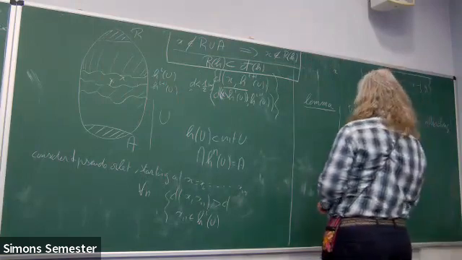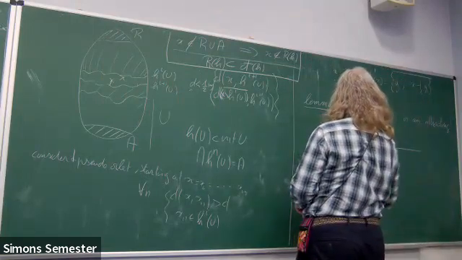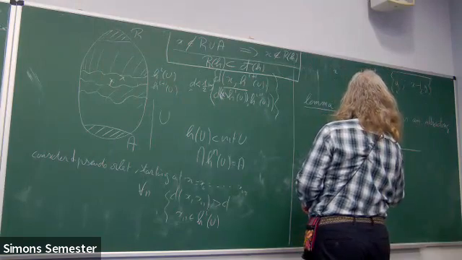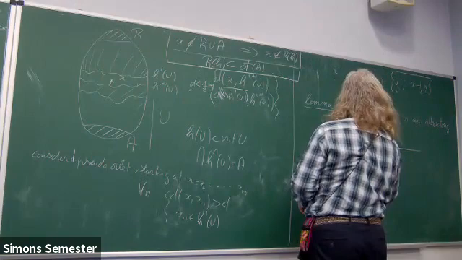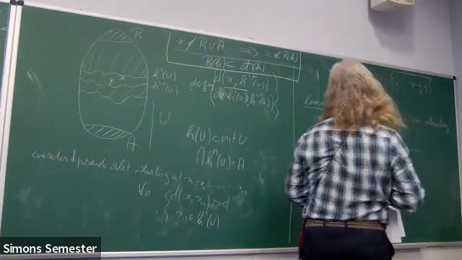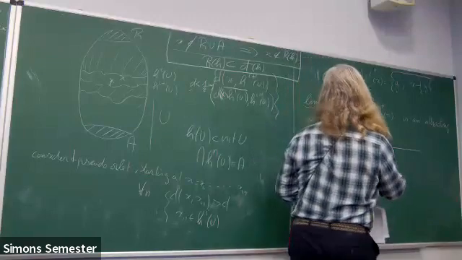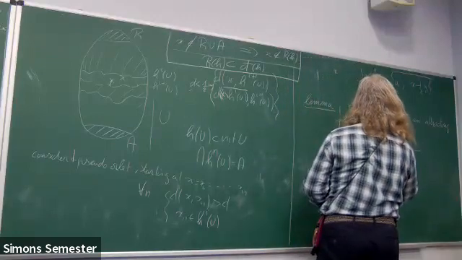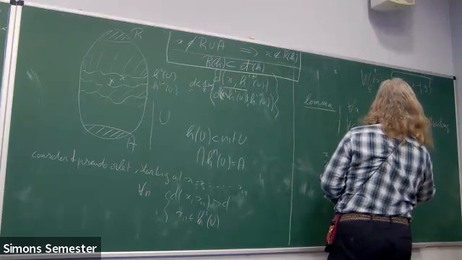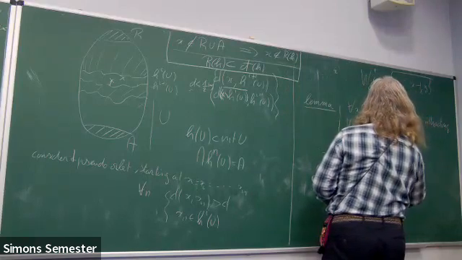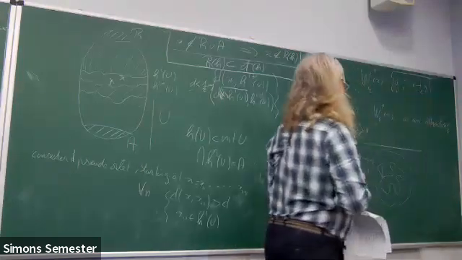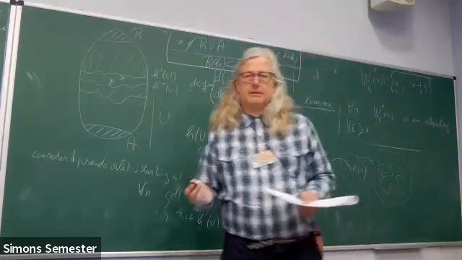How do you build that? You start at X, you look at H of X, and you take the ball around H of X. Now you take the image of the ball, and you take the epsilon neighborhood around this ball, and you continue like that.